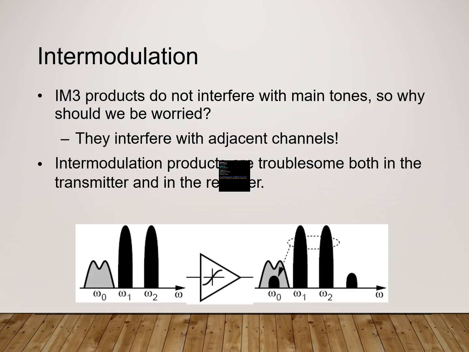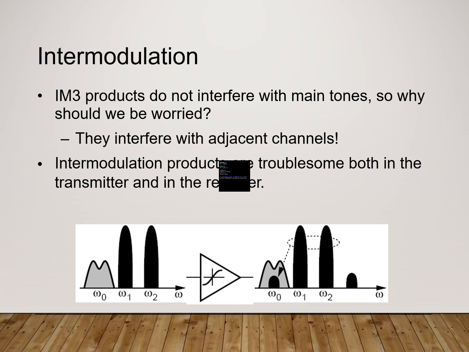Now, the IM3 products do not interfere with the main tone, so why do we need to filter them out or worry about them? They interfere with the adjacent channels, the channels beside them.